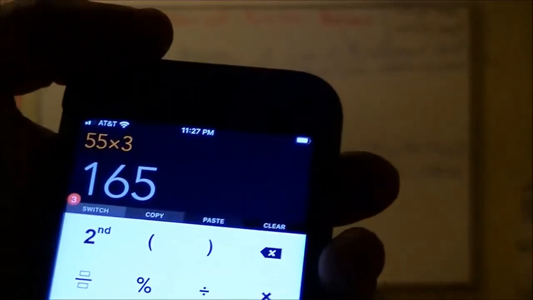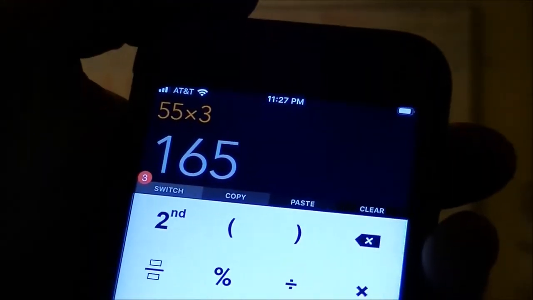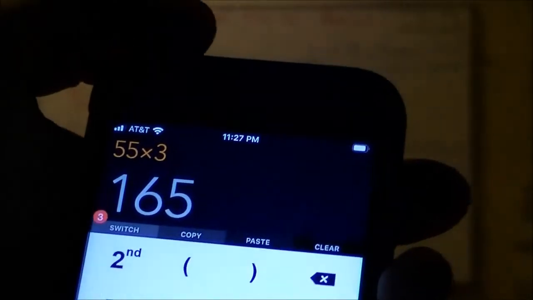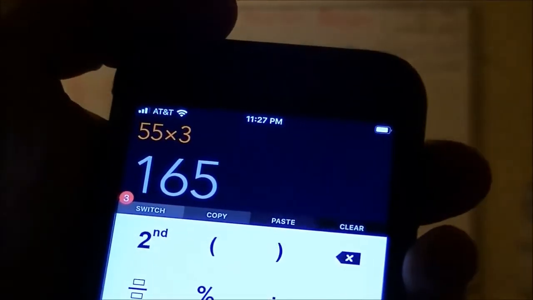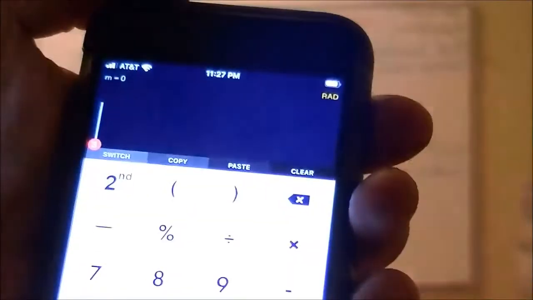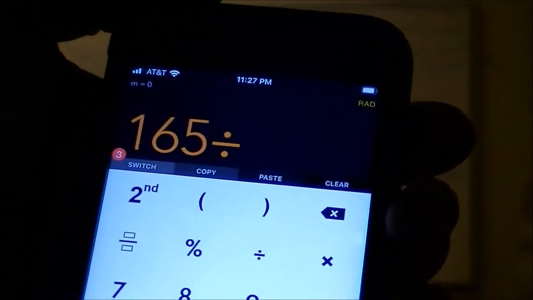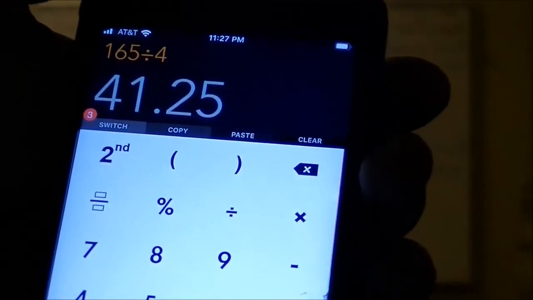And I will cheat just a little bit, even though we could do this in our heads. What are we going to have? 4 into 16, 4 times. 4 into 5, once. And so it's going to be 41 something. And then 1/4, 41.25 I'm going to say. But let's make sure that we're right, okay? 165 divided by 4 equals 41.25.